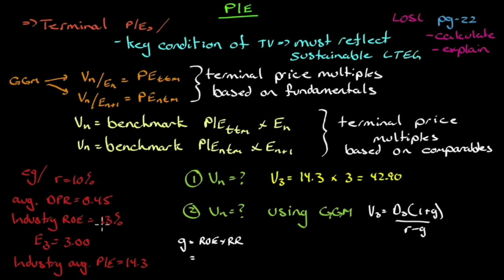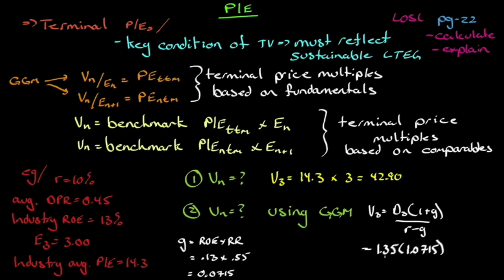So our return on equity in this case, the industry average ROE is 0.13, and the average dividend payout rate is 0.45, so the average retention rate must be 0.55. So our G in this case will be 0.0715.